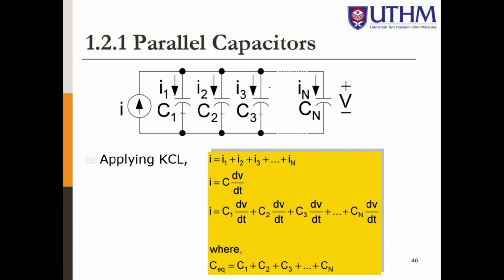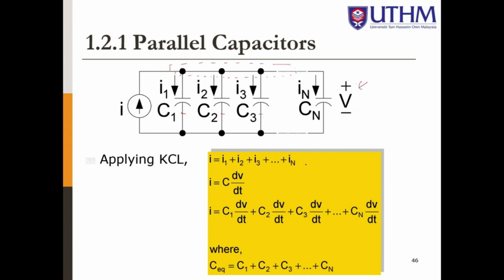So in order to get this, we consider this as a node equation, because in a parallel circuit the current is different, but you have the same voltage drop across the components.